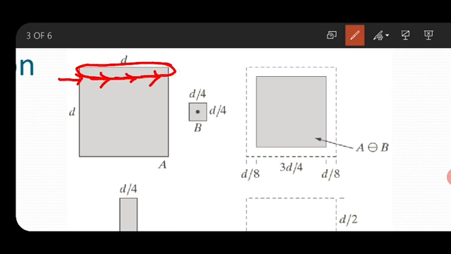Why? Half of the portion of the structuring element is covered and half is not covered. If it is not fully covered, you need to erase that value. How much portion have you erased? D by 8 portion from the top. Hope you understood this.